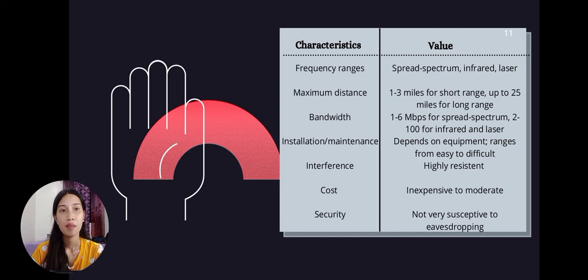Bandwidth has the value of 1 to 6 Mbps for spread spectrum and 2 to 100 Mbps for infrared and laser. Installation or maintenance depends on equipment, ranging from easy to difficult, highly resistant. The cost value is inexpensive to moderate. Lastly, security: not very susceptible to eavesdropping.